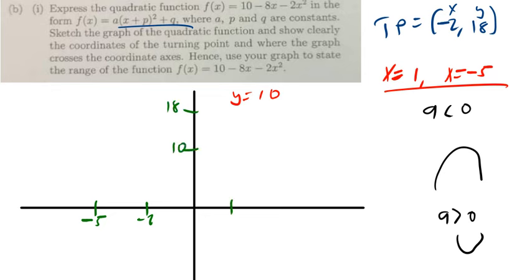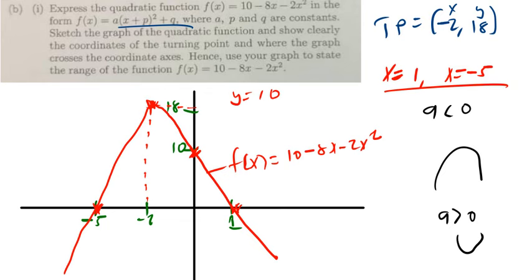Now from here, what is the range? Let me first talk about the domain. The domain is open, we don't know where it is ending, so it's from negative infinity to positive infinity. The range, where has it started from in y? On the negative side, we don't know where it is ending, it goes all the way to negative infinity, but it is starting from 18 included.